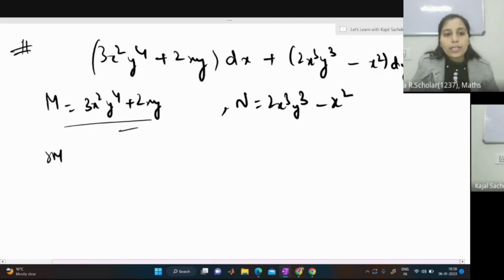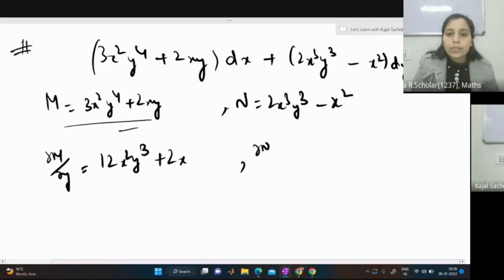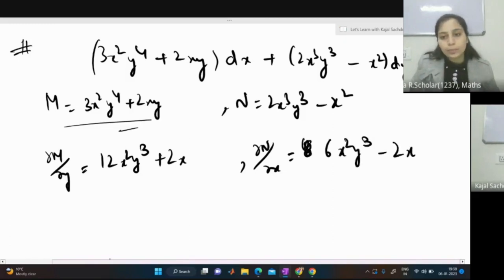Now differentiating M with respect to y, we get 12x²y³ + 2x, and differentiating N with respect to x, we get 6x²y³ − 2x. From here we can see that they are not equal, that means it is not exact. So we have to find some integrating factor.